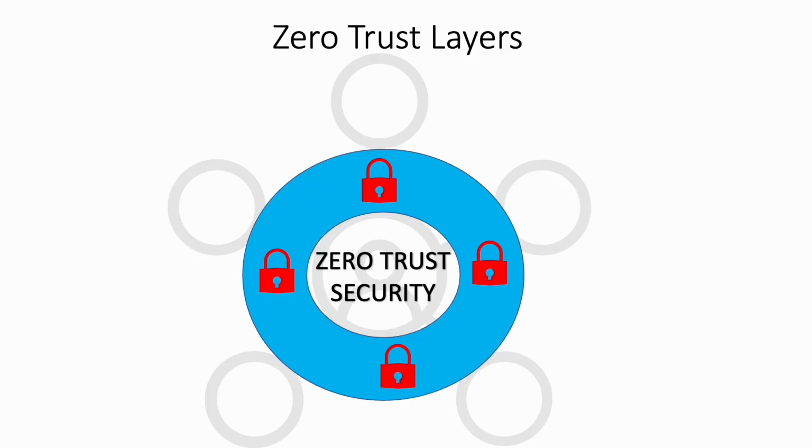Let's first look at what the problem we are trying to solve here. In the past decade, mostly the network and the access to the corporate was done from working in the office.